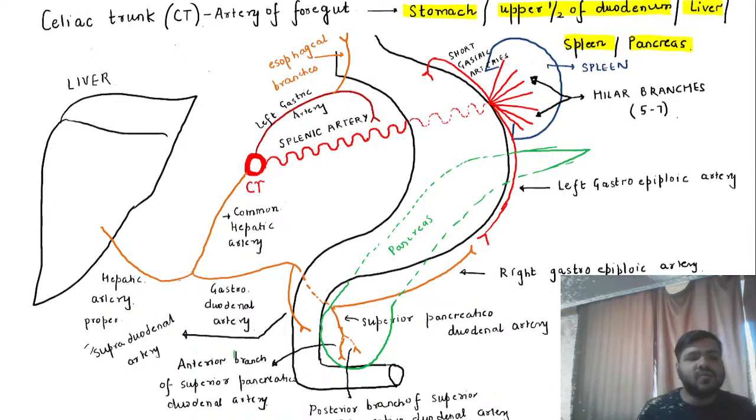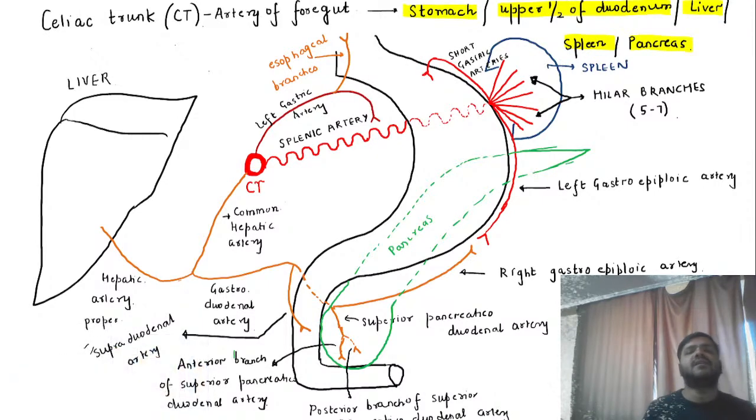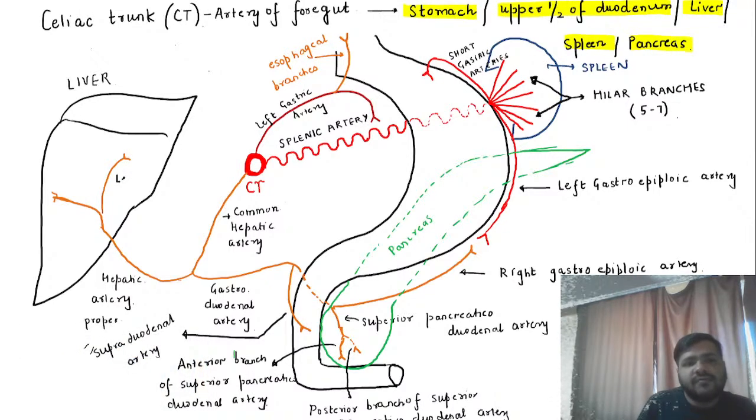Apart from that, guys, you also have to remember, let's say this hepatic artery which I have drawn right now will divide into the left hepatic artery, and we have something which is called the right hepatic artery.